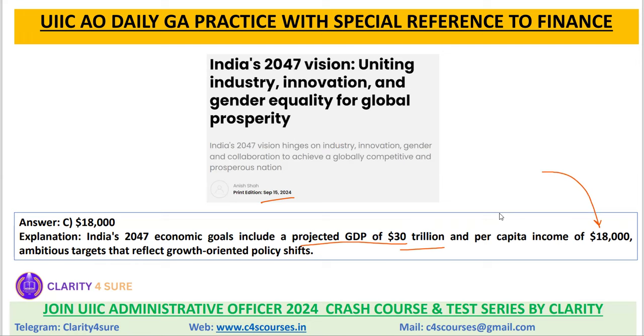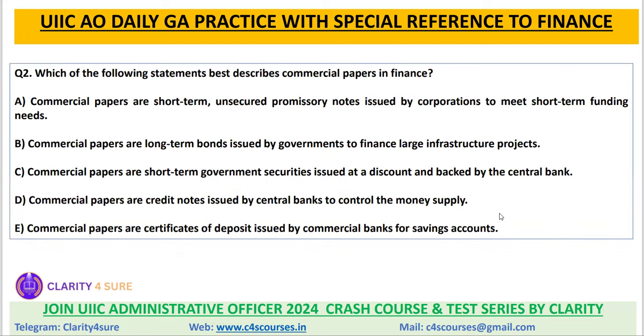Now, next question is, which of the following statements best describes commercial papers in finance? First option is commercial papers are short-term, unsecured promissory notes issued by corporations to meet short-term funding needs. Next is commercial papers are long-term bonds issued by government to finance large infrastructure projects.